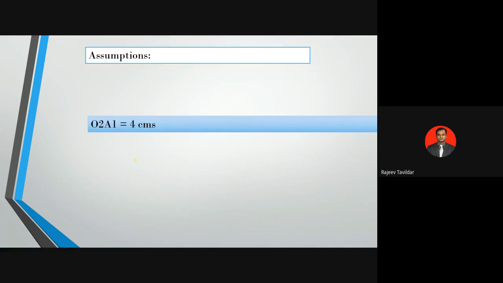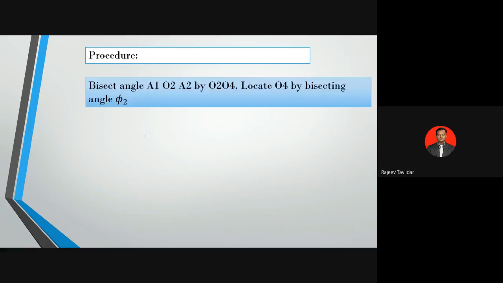Of course, if you have a larger book, you can take it as 6 centimeters or 5 centimeters. I've just taken it as 4 centimeters over here. Okay, these are the assumptions. Now let us look at the procedure one by one, and then we'll construct parallelly. This is the first point. It might be difficult to understand, but I will show it to you in the software.